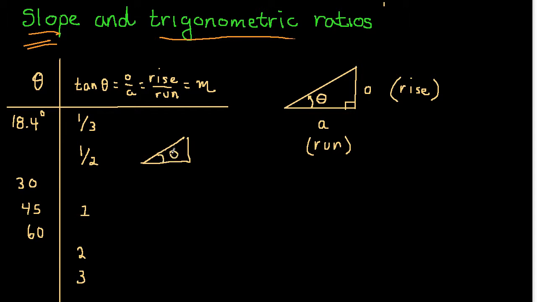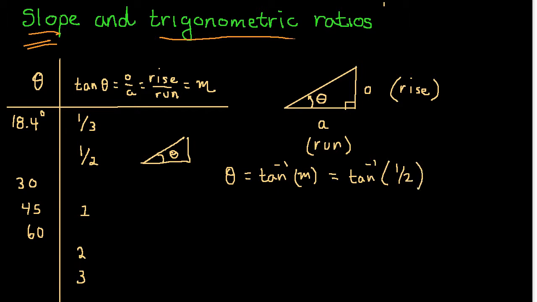And if we want to find the angle, but we know the slope, then we use the inverse tan. So theta is equal to the inverse tan of the rise over the run, or the slope. So theta is equal to the inverse tan of 1/2.